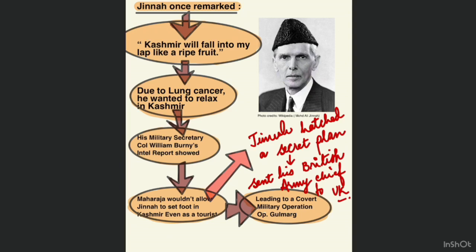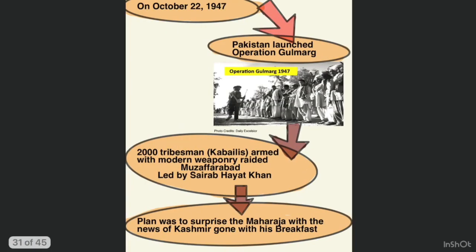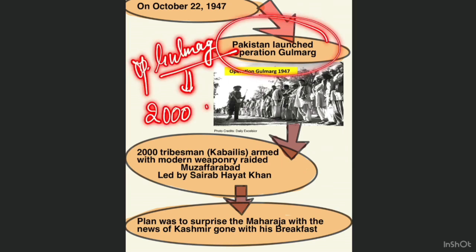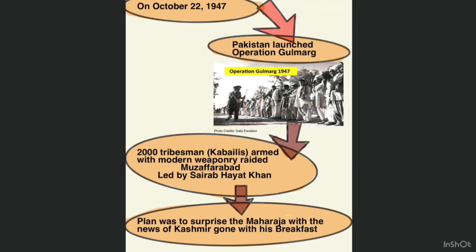The Kabylis, the Pashtuns, were sent to Kashmir to conquer and invade Kashmir. Now what happens? Come 22nd October 1947, Pakistan launched Operation Gulmarg, with around 2,000 tribal invaders, as we can see in the picture, also called Kabylis.